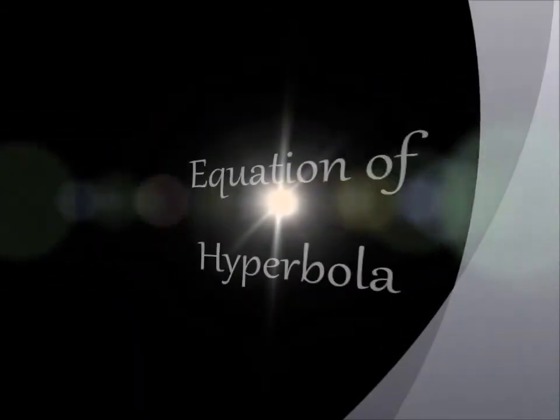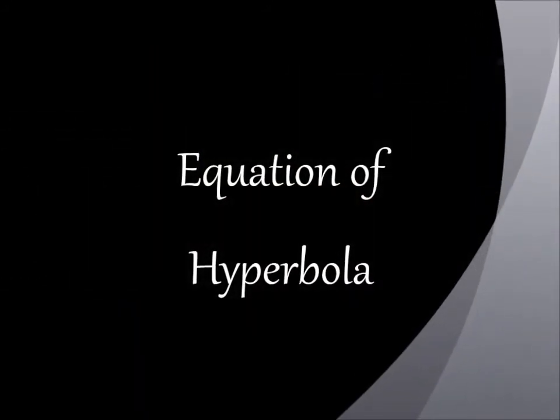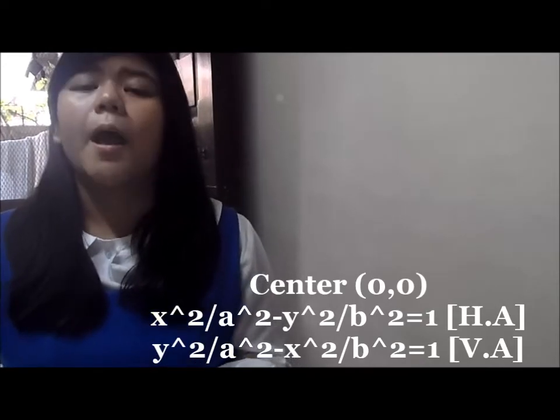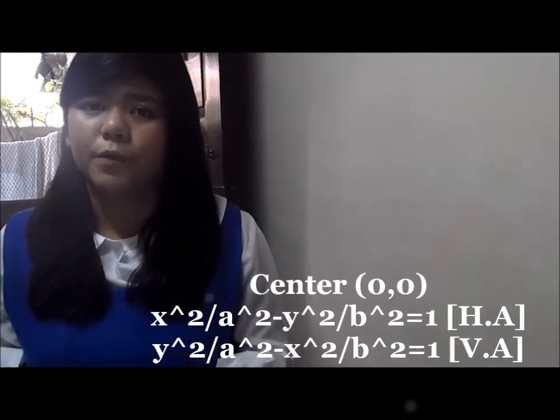Do you know that the set of points in a plane such that the difference of the distances of each point of the set from two fixed points is constant is called a hyperbola? The equation used to find parts of a hyperbola at center (0, 0) at the horizontal axis is x squared over a squared minus y squared over b squared equals 1.